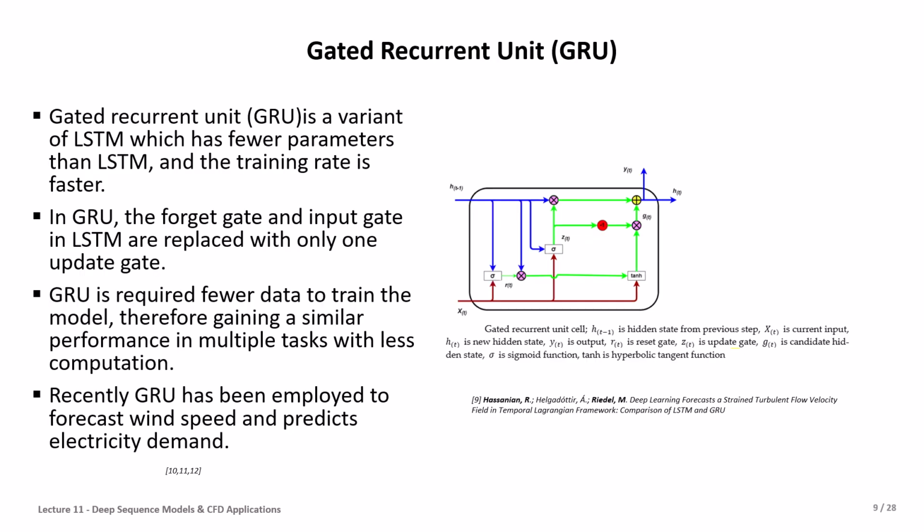Gated recurrent units, GRU, is a variant of the LSTM, and in the GRU, the forget gate and input gate are replaced with only one gate, the update gate. This helps reduce the computing, which is important because it helps speed up, and additionally it works with fewer parameters than LSTM.